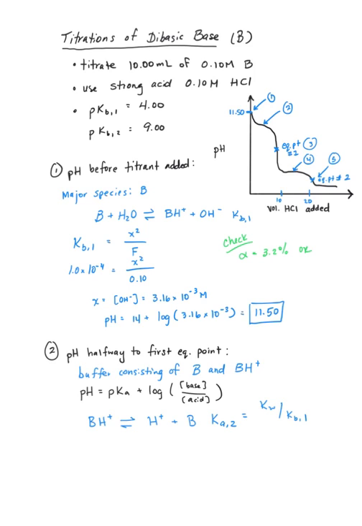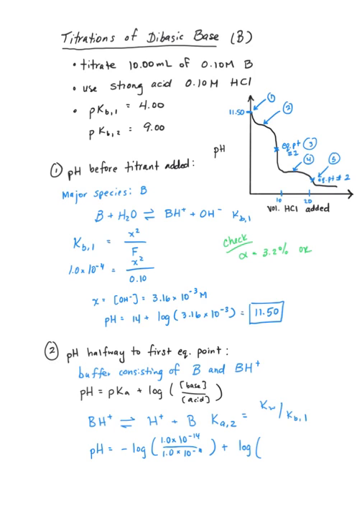Therefore, our Henderson-Hasselbalch equation looks like this. pH is equal to the negative log of 1 times 10 to the minus 14 over 1 times 10 to the minus 4, plus the log of the conjugate base concentration divided by the conjugate acid's concentration. How do we figure those out?